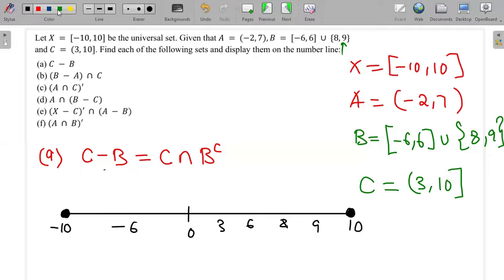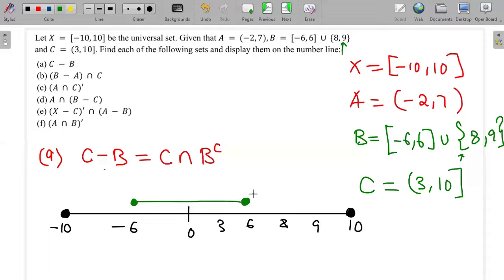All right, so let's first plot B. So B is from minus 6 to 6. And then they say union 8 and 9. These types of brackets here, the curly brackets, are used to list. Union means you are putting something together, right?